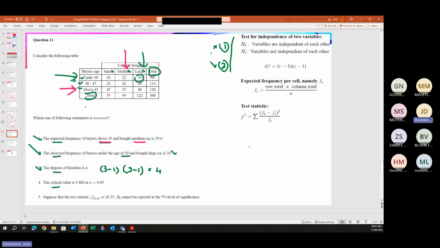Okay, and then we see row total. So above row total times column total, the above column total, divided by n.